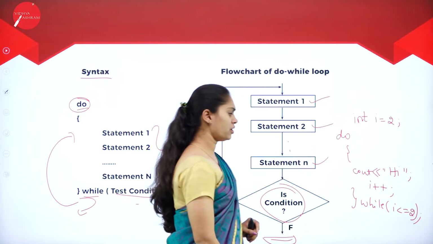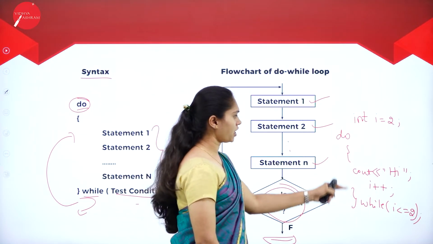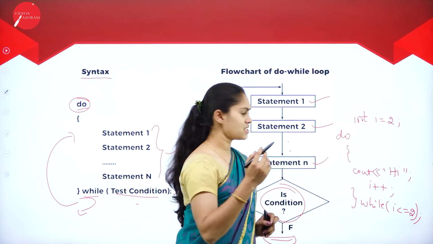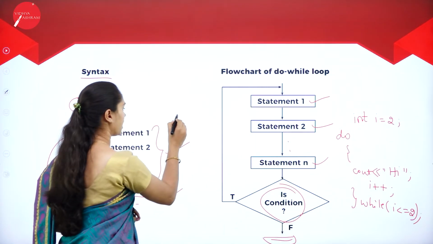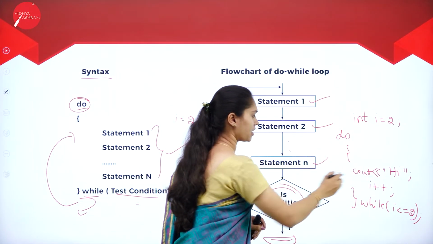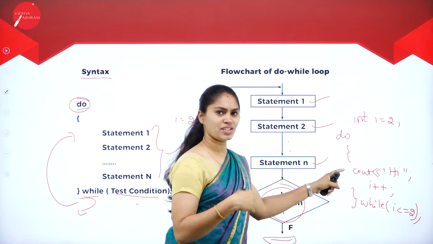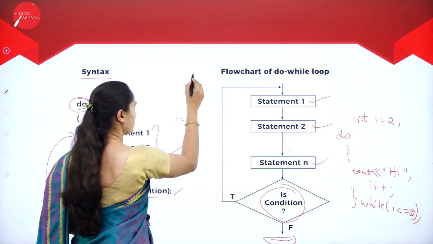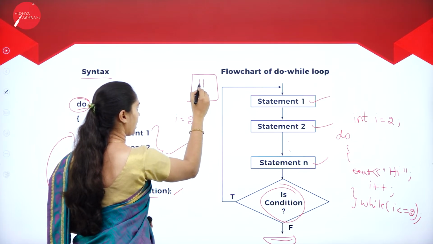At last I have to put a semicolon. Here you can see that I have taken int i = 2. What is the initial value of i? I am taking i as 2, then do cout hi. So without checking any condition, I am just executing the statement cout hi. Let me consider this as the output statement, hi.